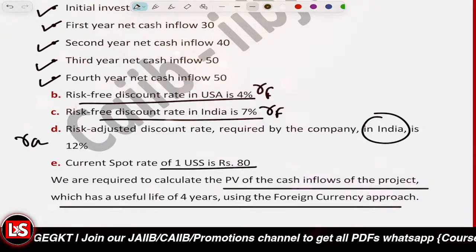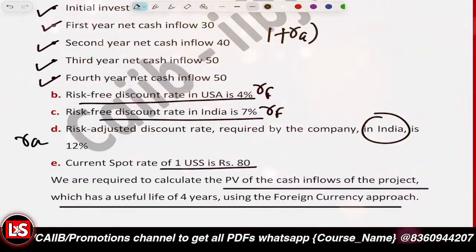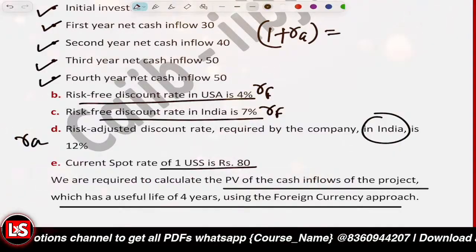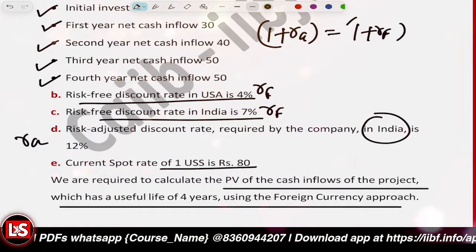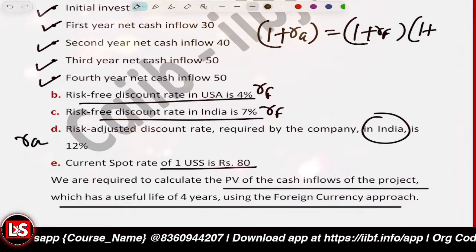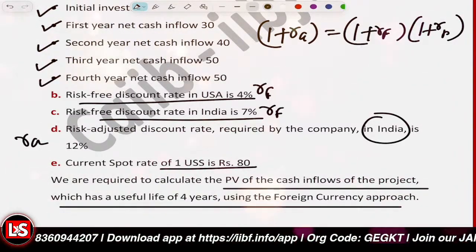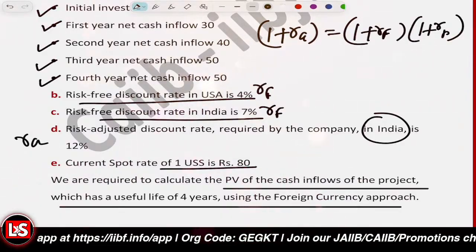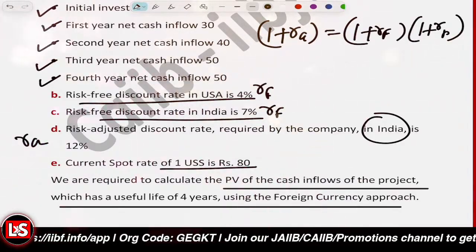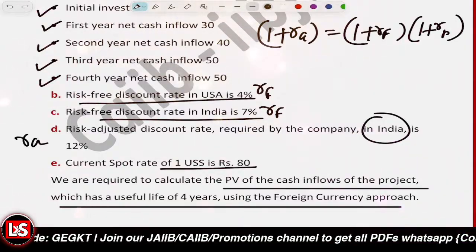It's 1 plus RA is equal to 1 plus RF plus 1 plus RP, right? So the risk premium or the risk adjusted rate for one country is available with us, and based upon that we'll be calculating for the other one.